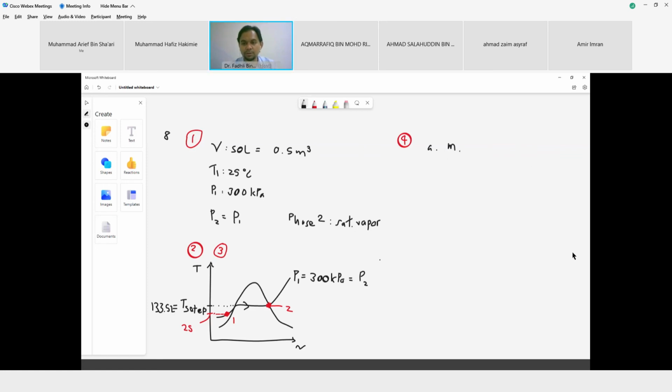For A here, in order to find mass, we can use this equation: volume equals mass times specific volume. So mass is equal to V over specific volume v.